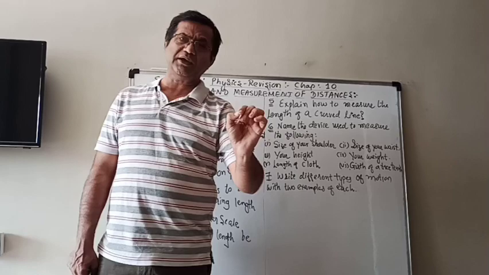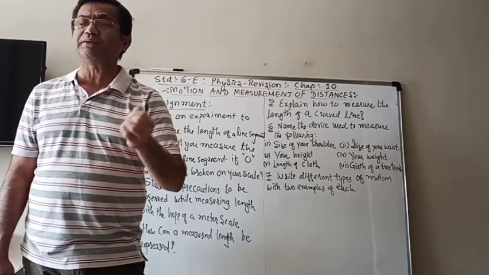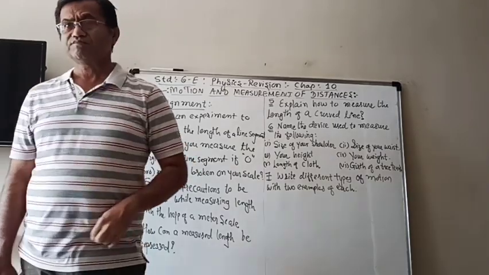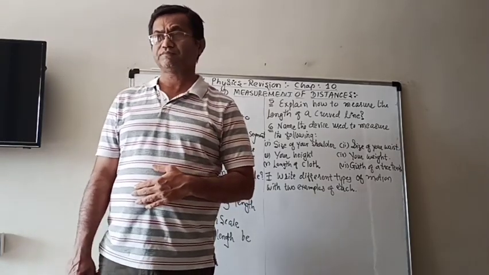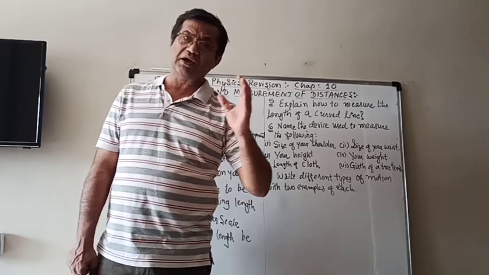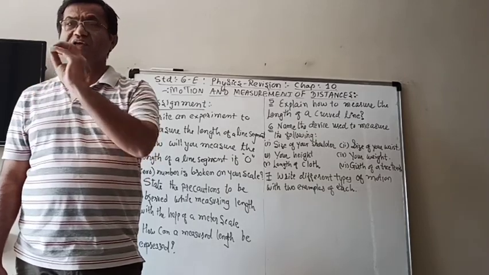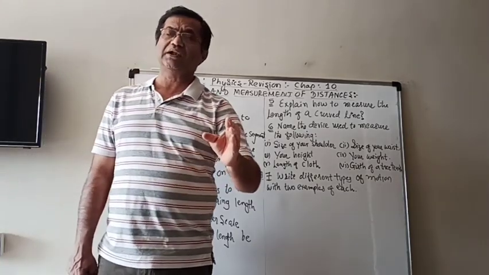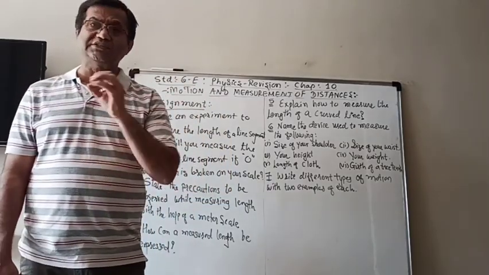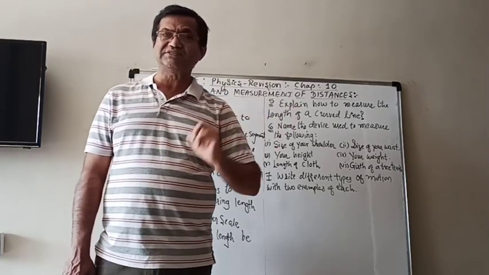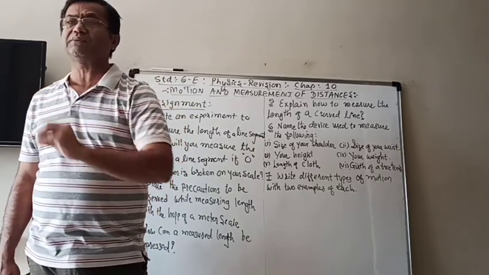Put that whole number that you can read properly at the start of that object, and then check which number is at the end of that object, and then you have to subtract the first reading from the final reading. Suppose your final reading is 3.5 and your initial reading was 1, then you have to subtract 1 from 3.5, means 3.5 centimeter minus 1 centimeter, so your correct length will be 2.5 centimeter.